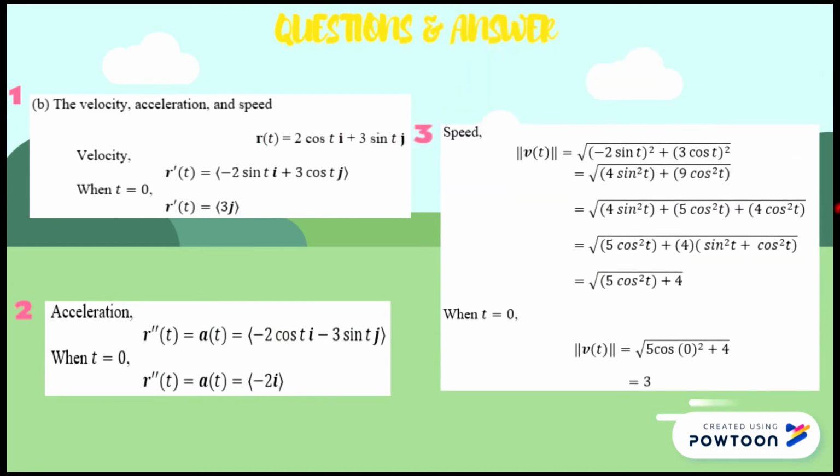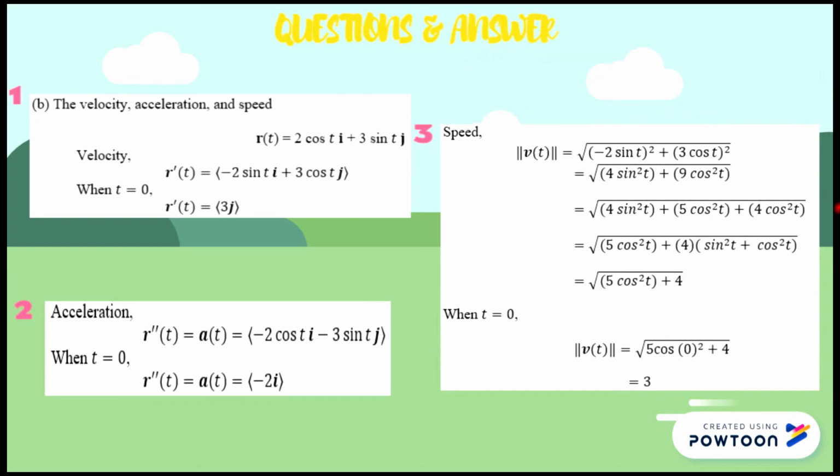Okay, we need to find the velocity, acceleration and speed. The equation given is r(t) equal to 2 cos t i plus 3 sin t j. First, we need to find the velocity, which is we differentiate the equation given.